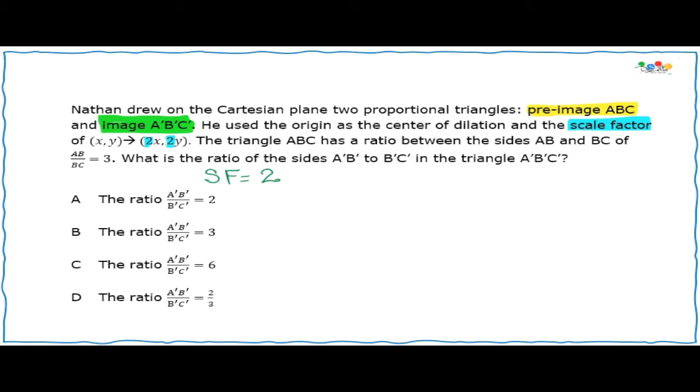Okay, let's continue. What else do I know about the problem? There is such a ratio. Now remember, a ratio is a comparison of two things, right? So in this case, the ratio they're giving me is AB over BC, and it equals 3.